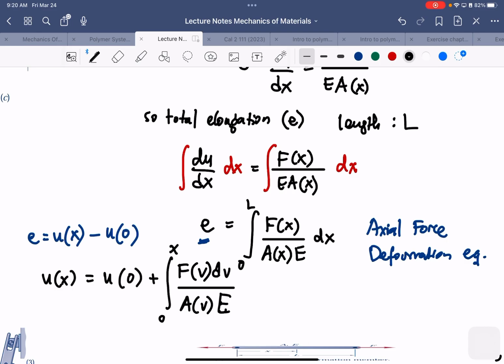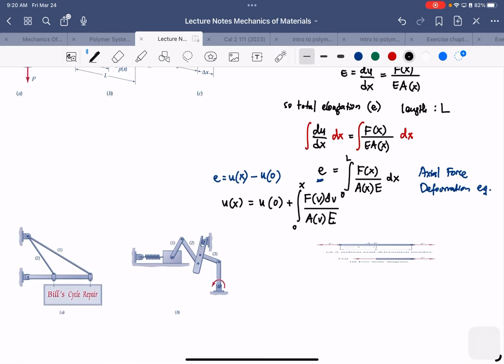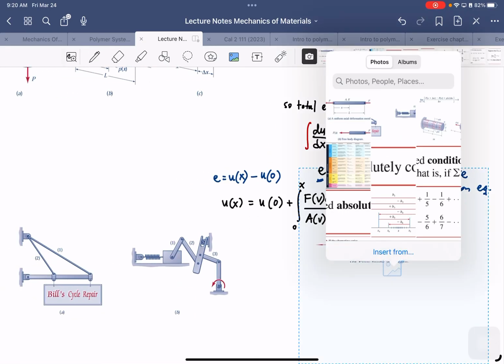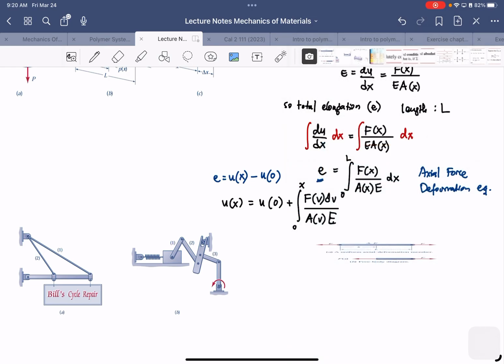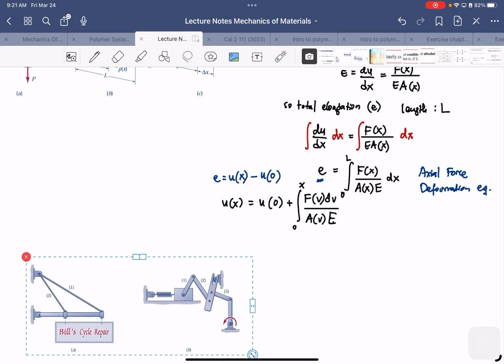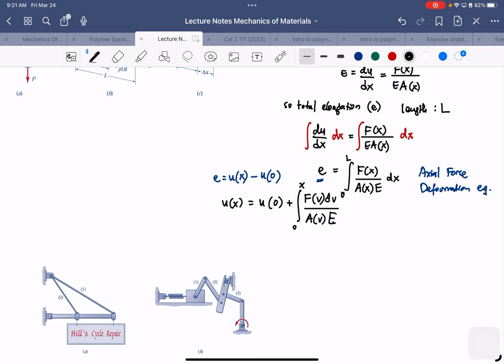You can also express it as this relation. So this is for general expressions.